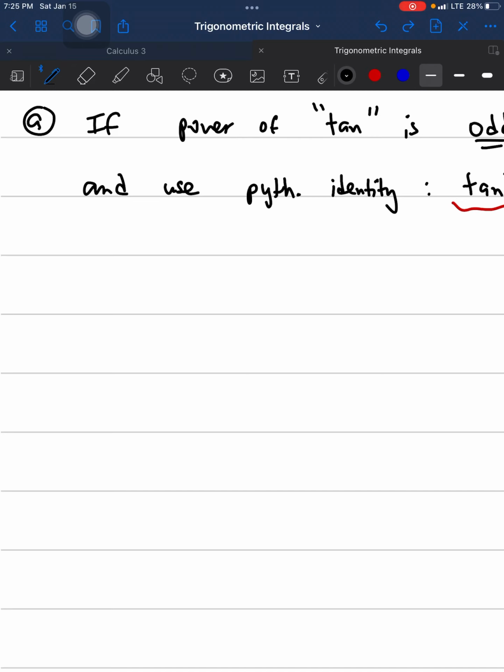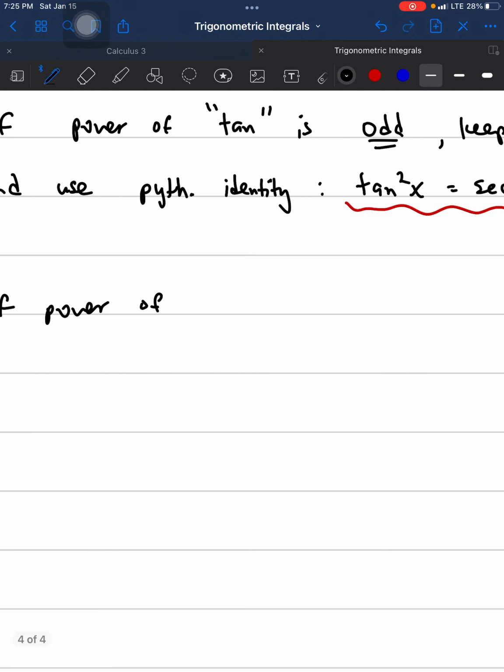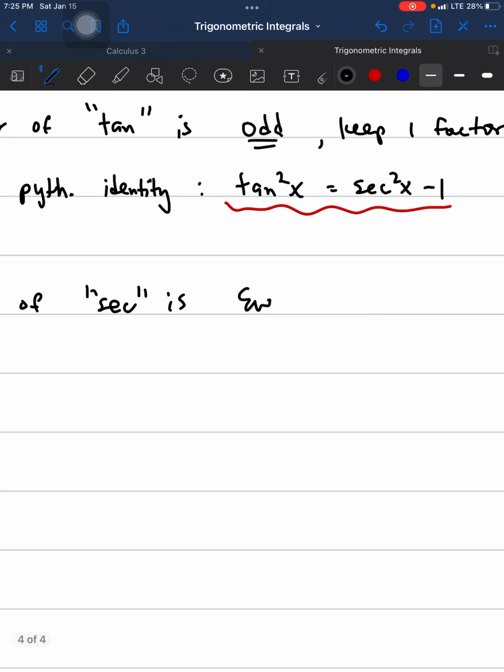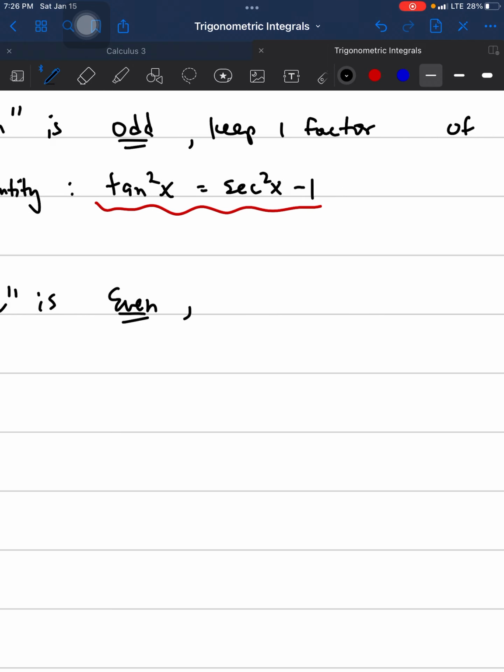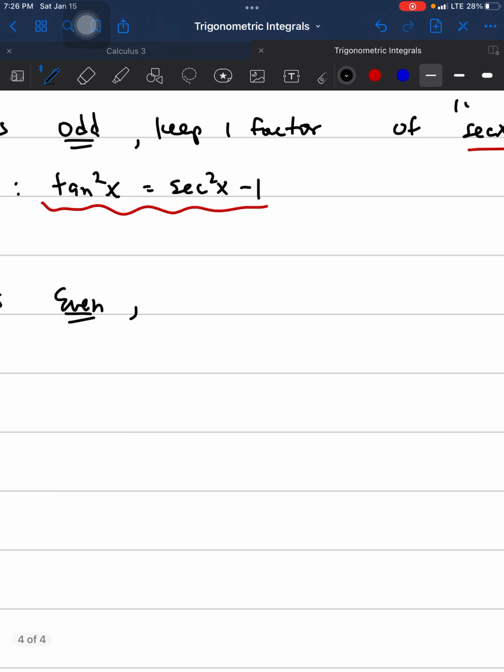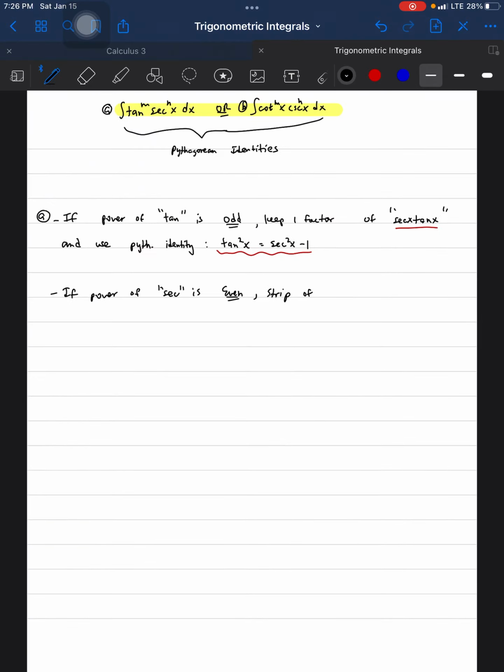Now for B, actually for A, there's another part to it. Say if the power of secant is even. Now when we have this, what we want to do is actually strip off.